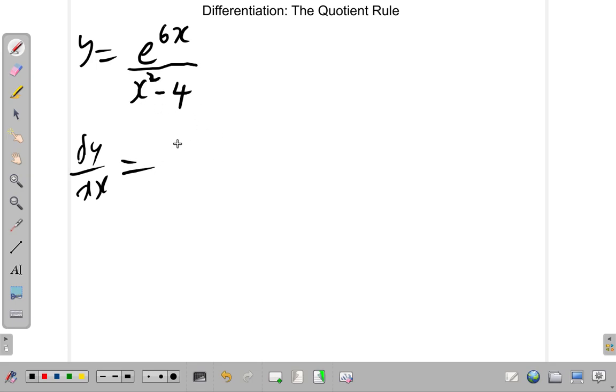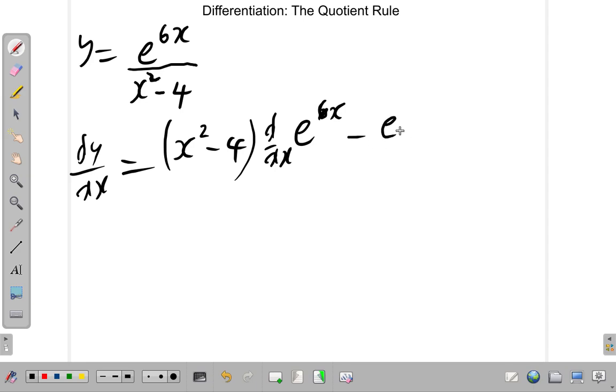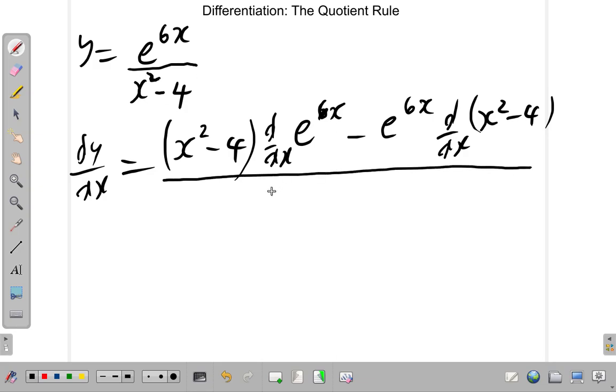You hold the denominator, you hold the bottom, x squared minus 4, times differentiate the top, d by dx of e to the 6x, minus hold the top, e to the 6x, times differentiate the bottom, d by dx of x squared minus 4, all over the bottom squared, denominator squared, x squared minus 4 squared. Now x squared minus 4 times d by dx of e to the 6x, what is this?